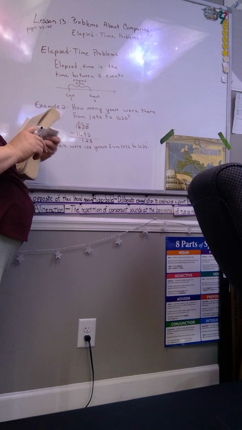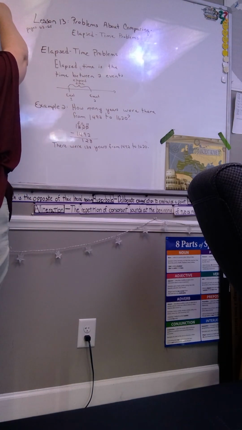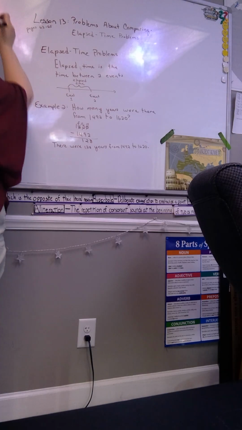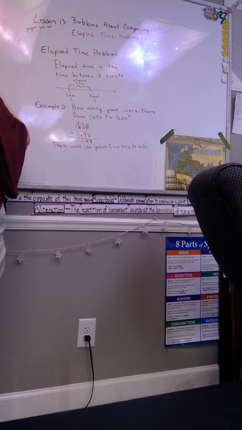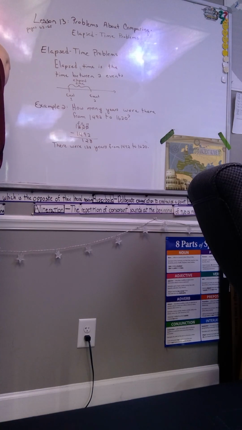And remember, when you're doing word problems, you want to make sure that your answer is reasonable. 128 years is reasonable for a time span of 14 something to 16 something. If you had gotten like 700, that would not be right.